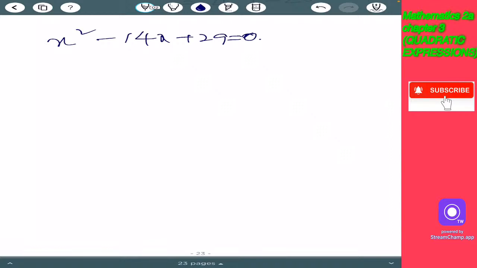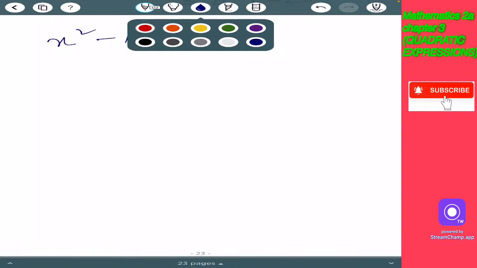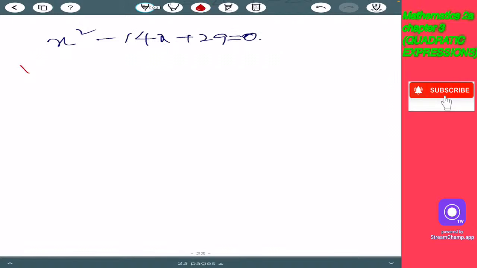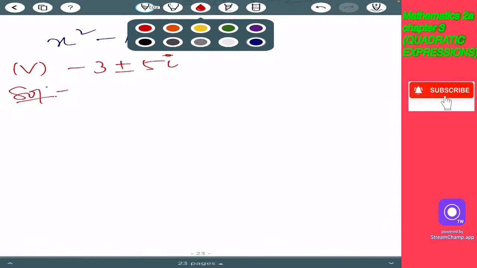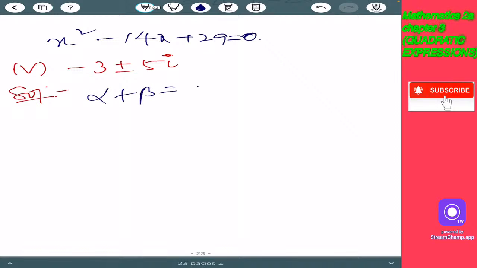The same for your fifth one. Most of the students get scared by seeing the imaginary number, minus 3 plus or minus 5i. So no need to bother for that. Just start with your sum of roots and product of roots. If you split this, the roots are minus 3 plus 5i, comma, minus 3 minus 5i.